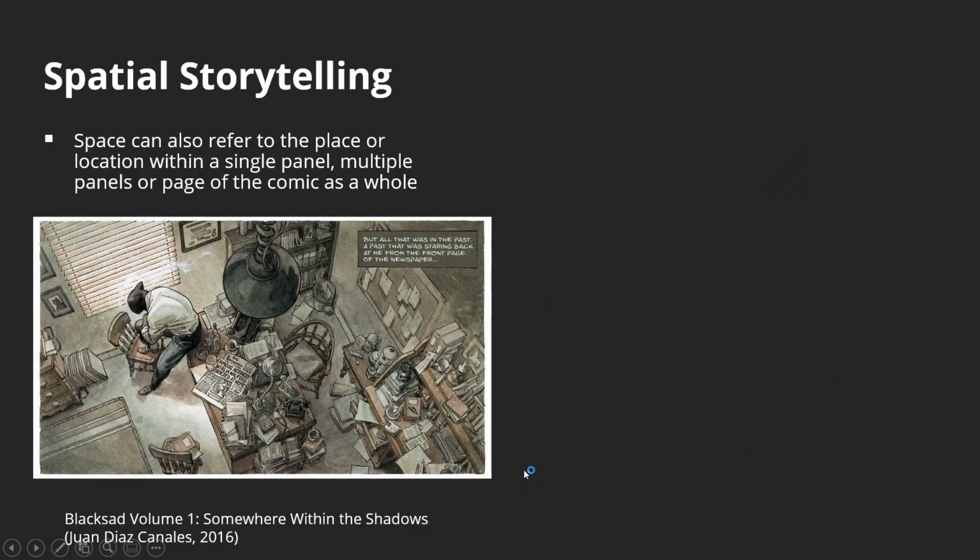What do you think about this character? What do you think he's going through when you look at this panel? This is the character here. What emotions do you think he's feeling? Stress. He's feeling stressed.